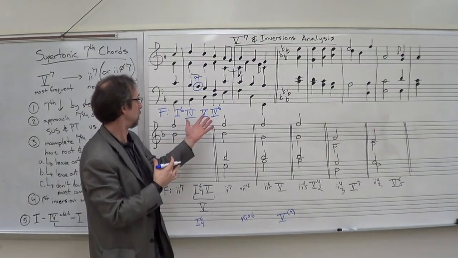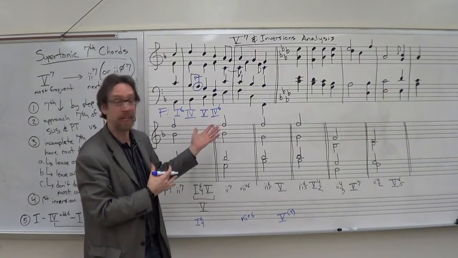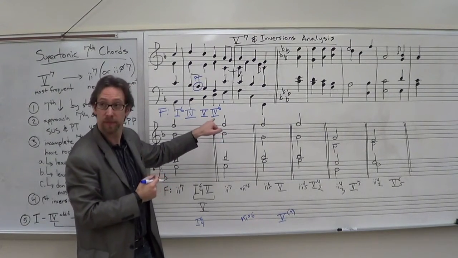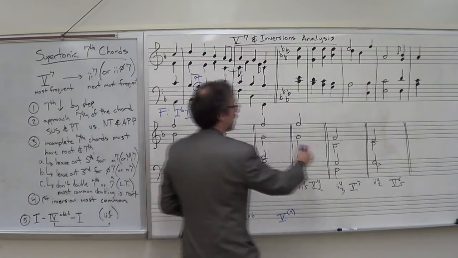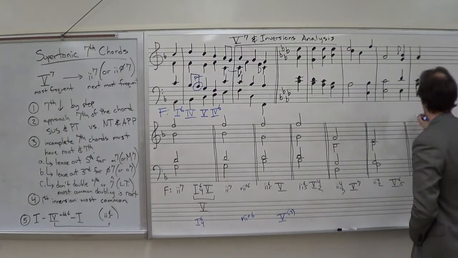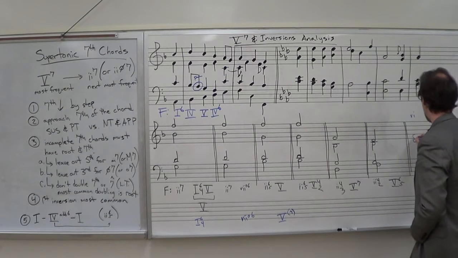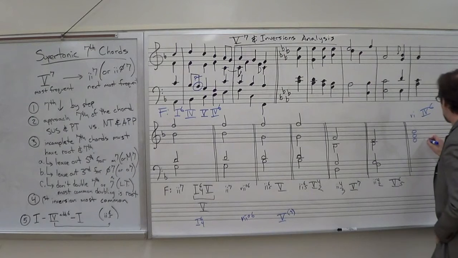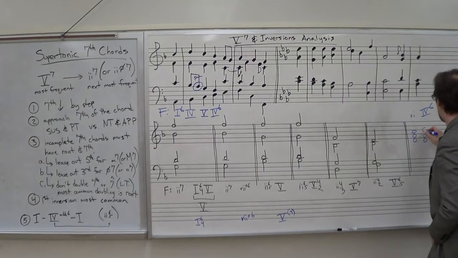Why does this work? The answer is 5 does go to 6. And if you say, well, what is the difference between the 6 chord, which we would have expected, which would be D, F, A, and the 4 chord in first inversion, which would be D, F, B flat?